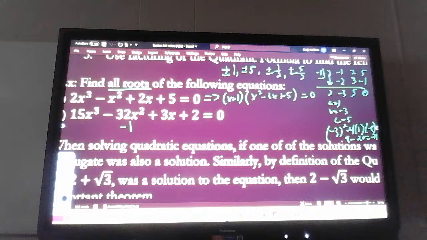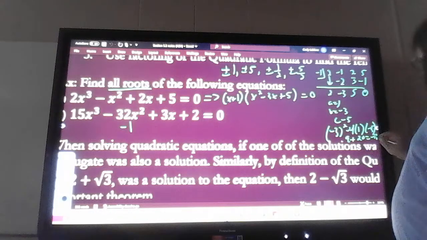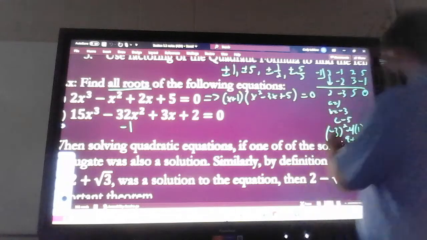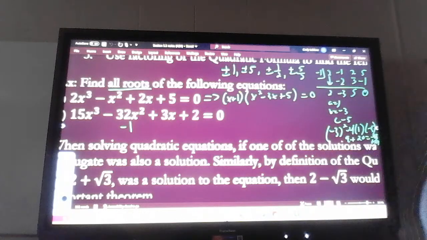Actually, no, this is plus 20, so that's going to be 29, right? Minus 4 times, yeah, so positive 29. So it looks like I'm going to get 2 distinct real solutions here.